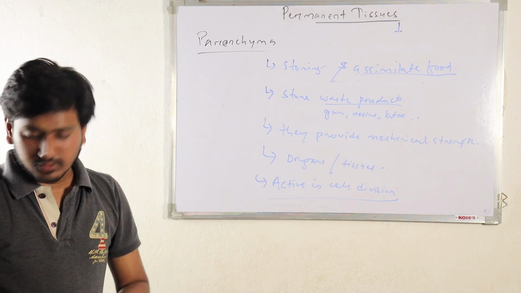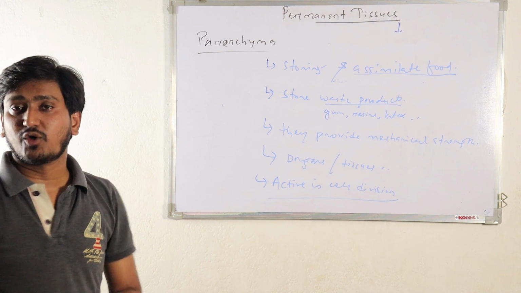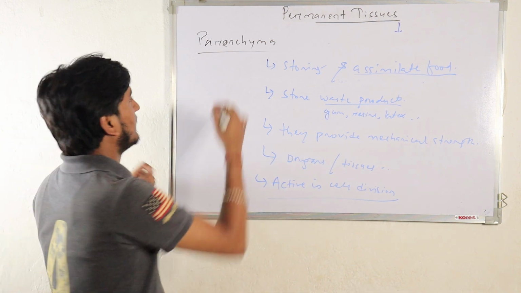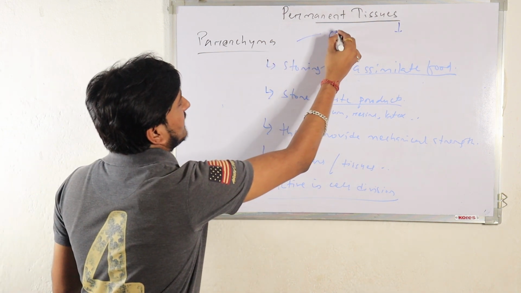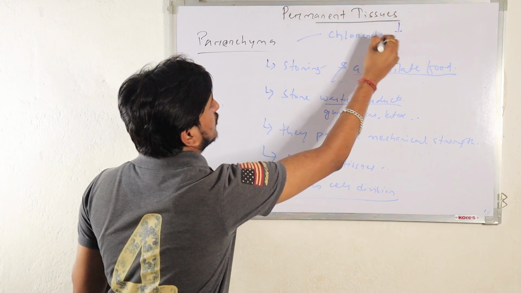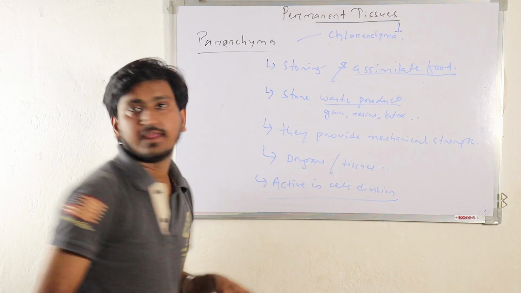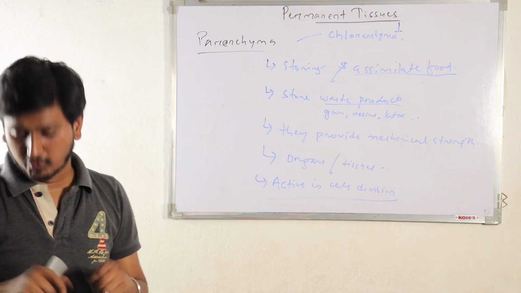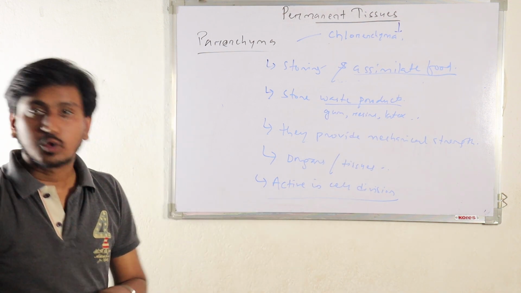So parenchyma we can basically divide into two parts. If the parenchyma has chlorophyll within it, then it is known as chlorenchyma.